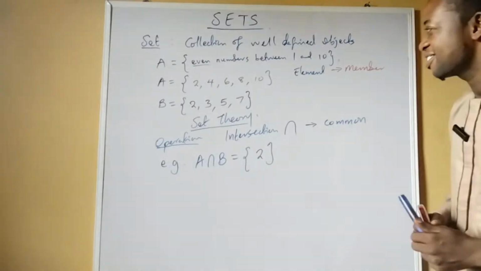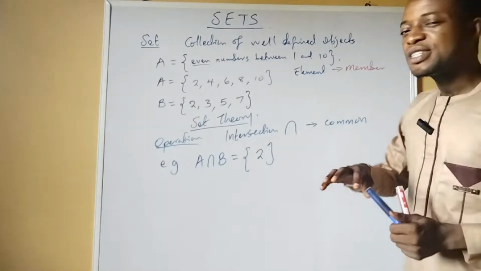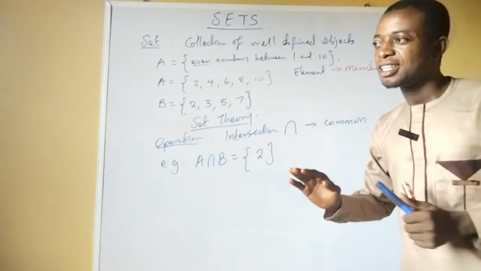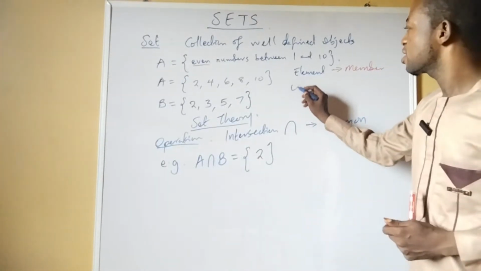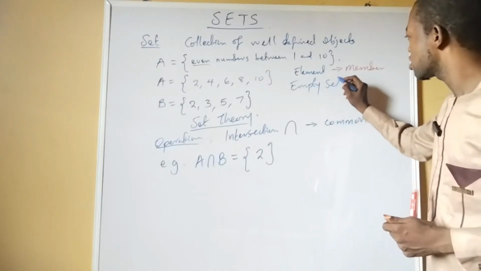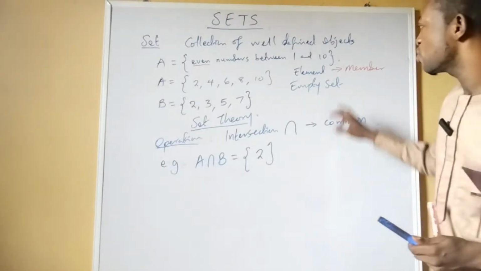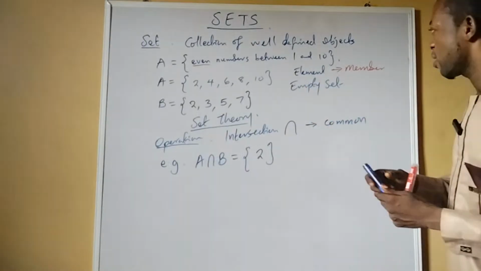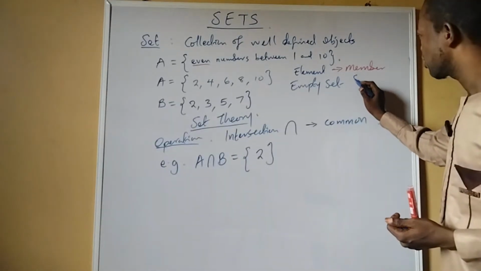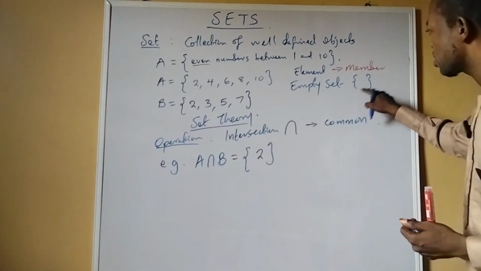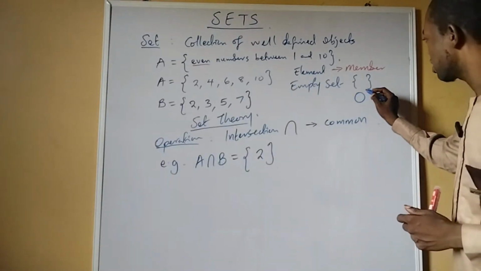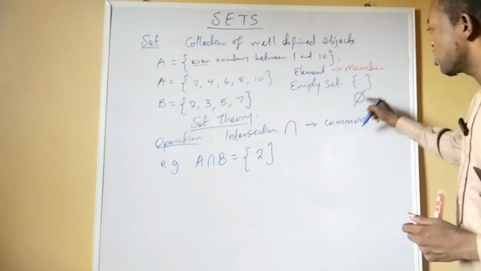Now, what if there is nothing common? When nothing is common, it is called the empty set. And there's a symbol for the empty set in mathematics. This is when there is no element inside the set. We can use two notations for it. You might write a curly bracket without anything inside, or we can write a 0 and cross it.